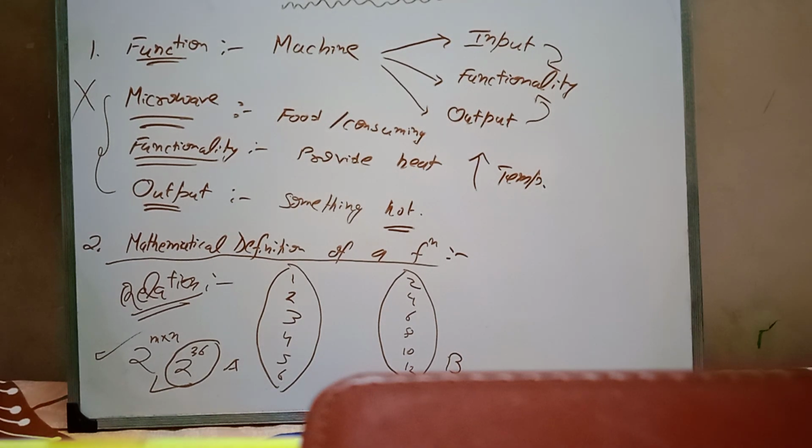2 to the power 36 relations can be formed from these two sets. Yes. Now, all the relations that can be formed are not functions.